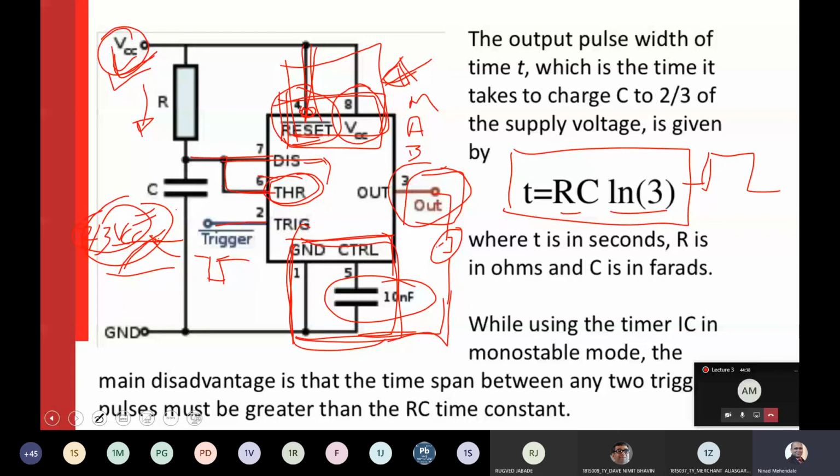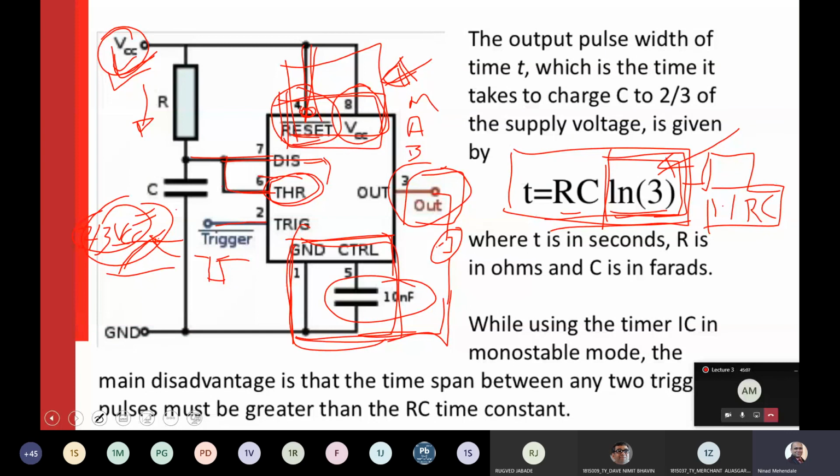There is a long derivation for this, so if we get time somewhere later in the course, I will tell you how this particular number comes. But for now, you just have to remember this value. Even someone can use a calculator and find the natural log of 3. So the timing is 1.1 RC for the monostable multivibrator.